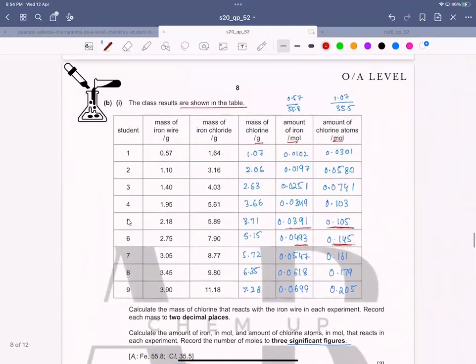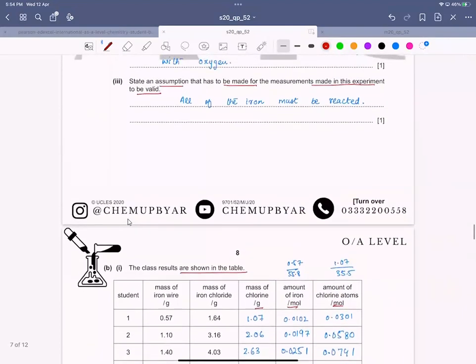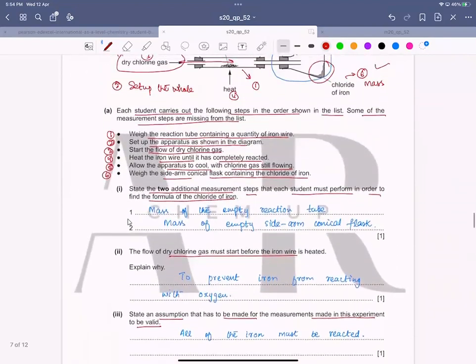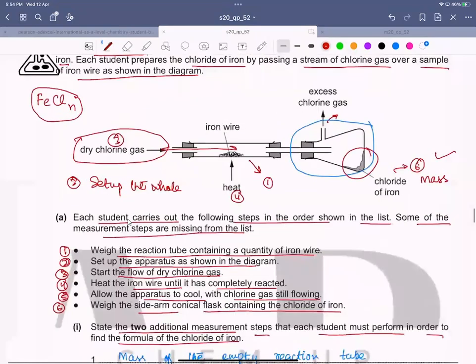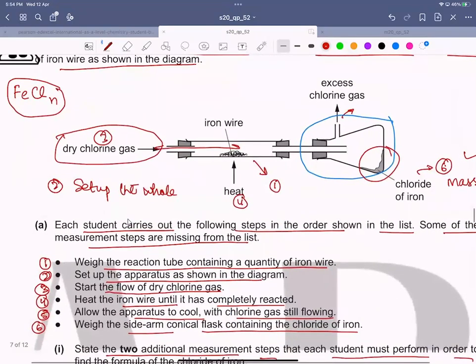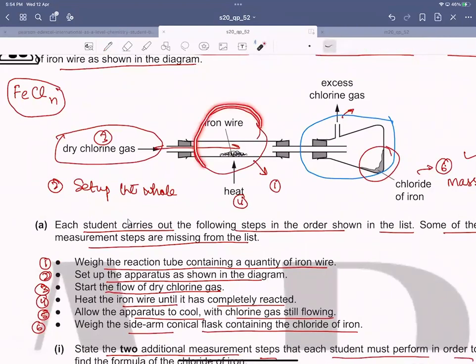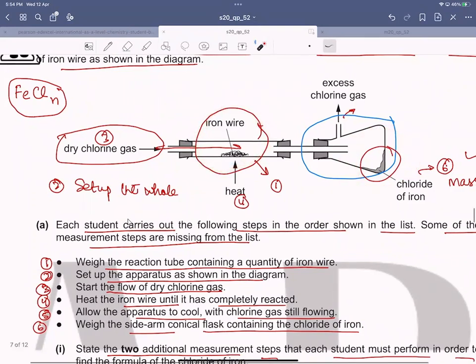So, what masses have we calculated, if you recall? See the diagram over here. We are heating the iron. We have calculated the mass over here, right? And we are calculating the mass of iron chloride over here, and we are introducing dry chlorine over here. And this iron chloride is the solid that is collected over here.